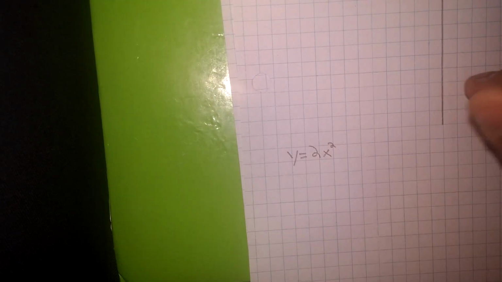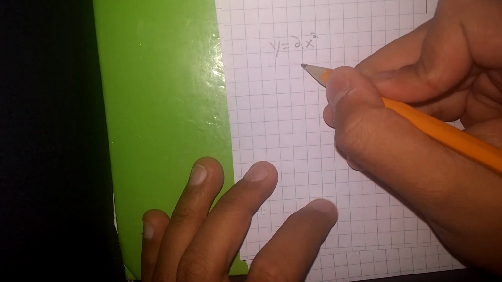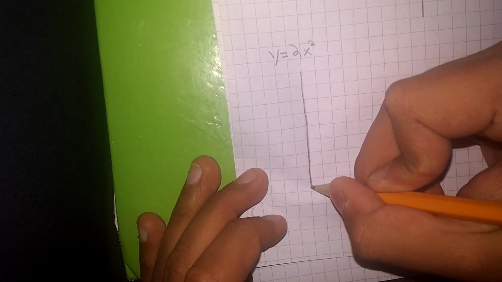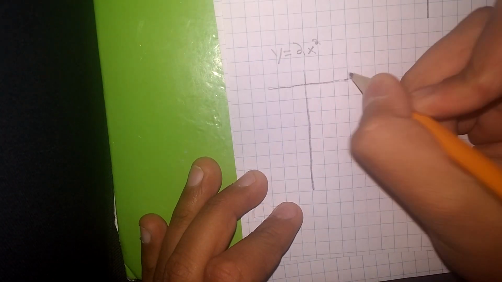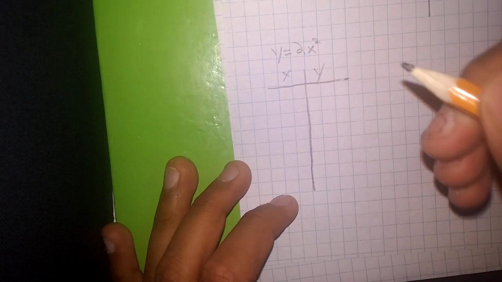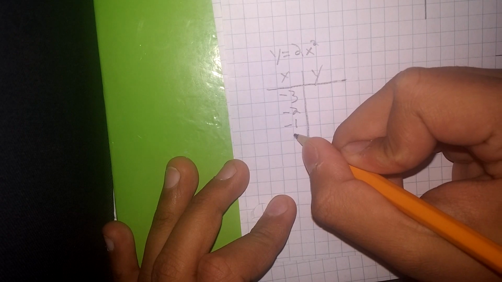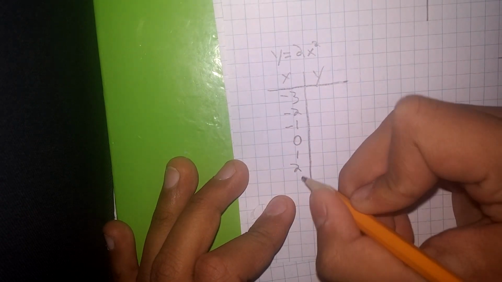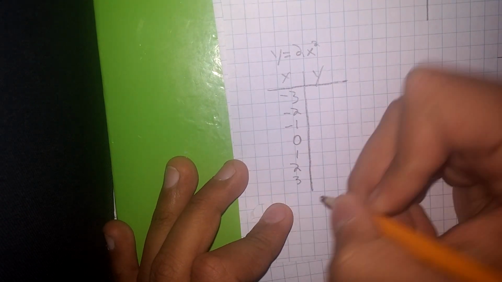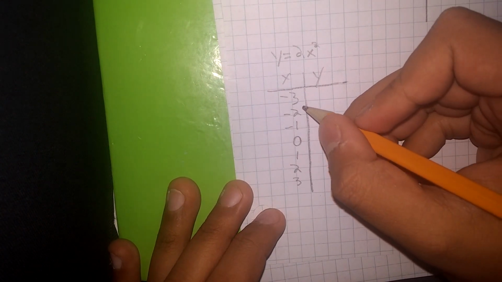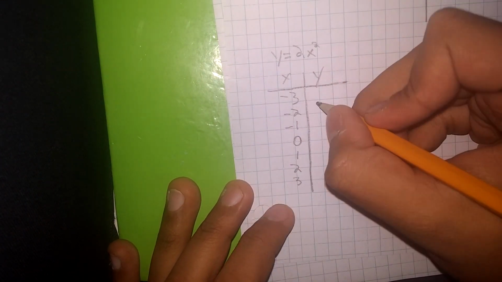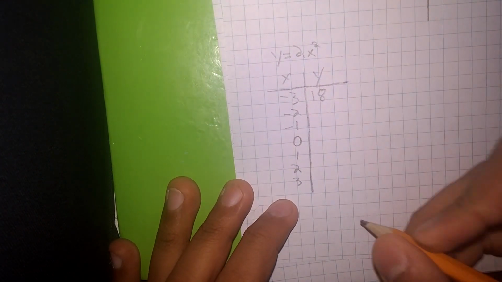Let's make a table of values for that. X and y. And let's keep the same x values. So what's negative 3 squared? 9. What's 9 times 2? 18.